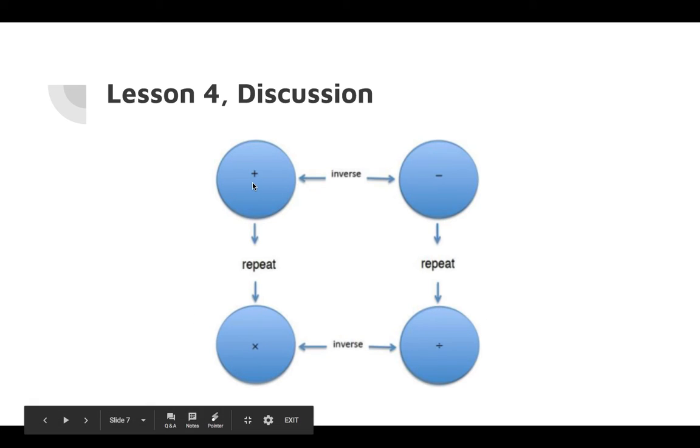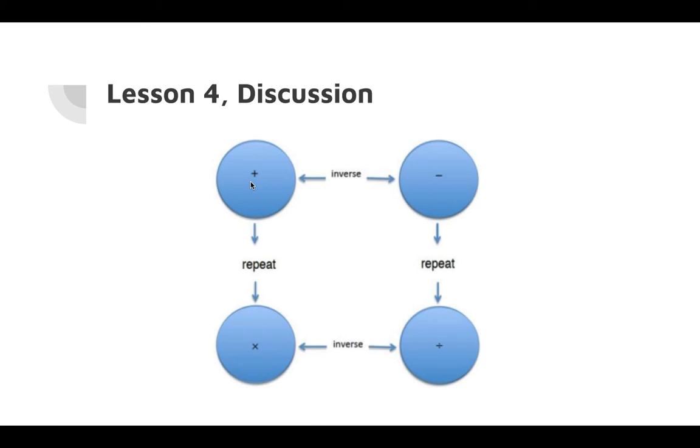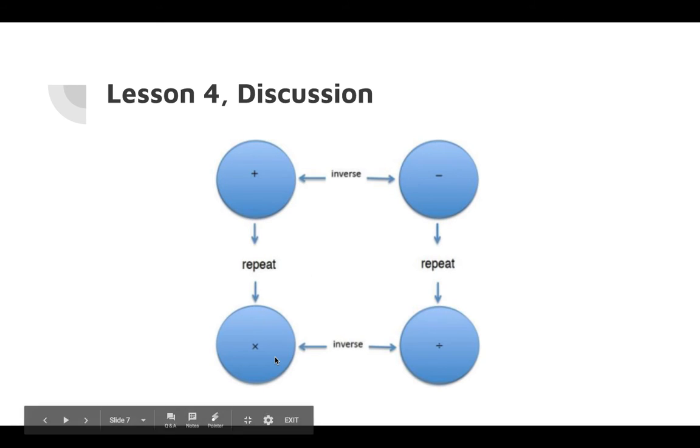I have my 2 circles here, addition and subtraction, and this means they are the inverse, or the opposite, of each other. Inverse is just another word for opposite. Down here we have multiplication and division, which are also the inverse of each other.